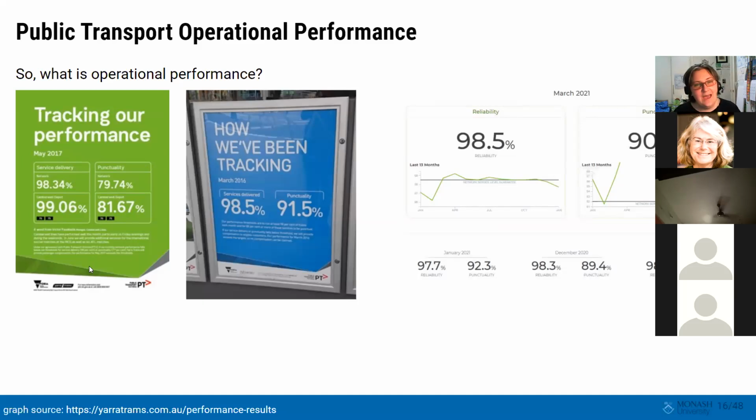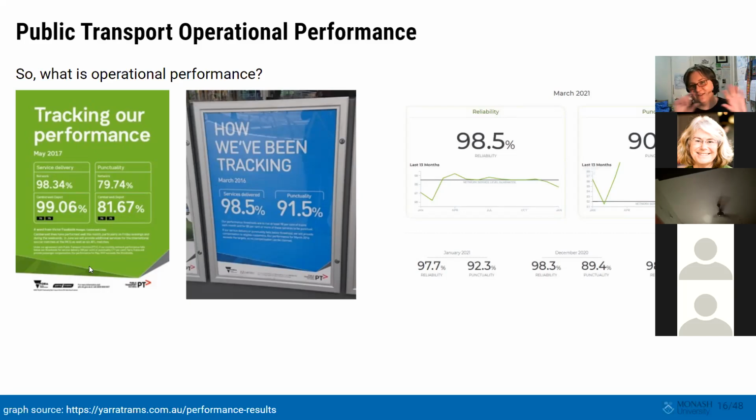The picture on the right is actually from the Yarra Trams website, and you'll notice that the Yarra Trams performance, I think that's February when I downloaded that, is so good that you can't actually see it. It's gone off the graph, because tram performance is usually not very good because of the traffic, cars being in the way, and trams being overcrowded.